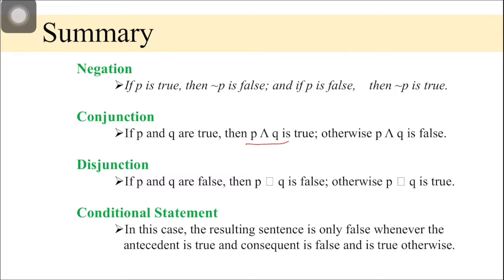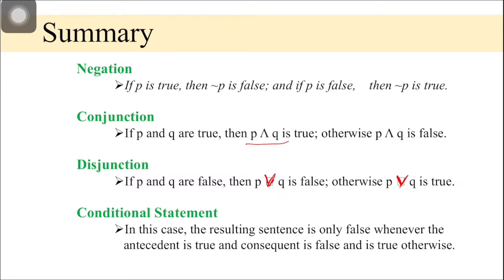In disjunction, if P and Q are false, then P or Q is false, otherwise P or Q is true. In conditional statement, the resulting sentence is only false whenever the antecedent is true and the consequent is false, and is true otherwise.